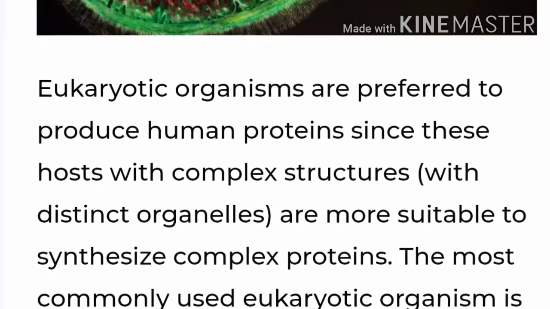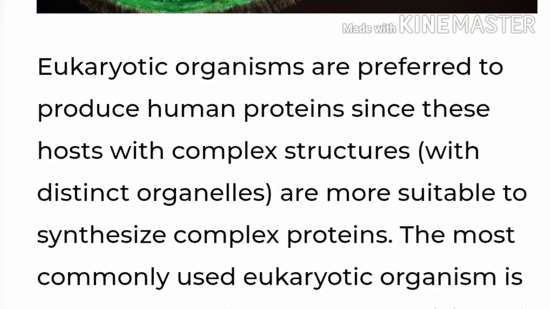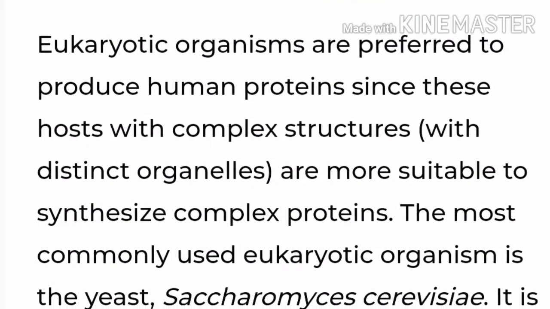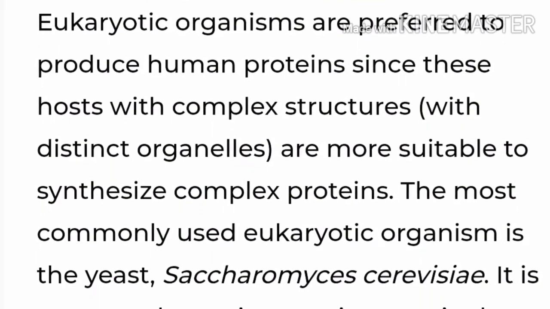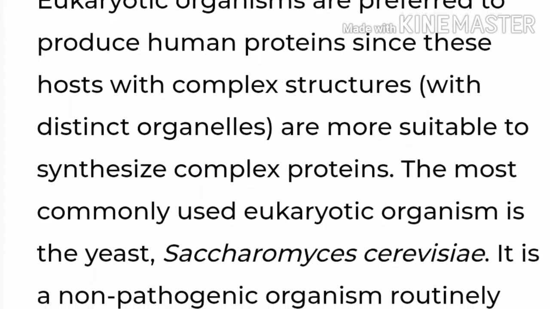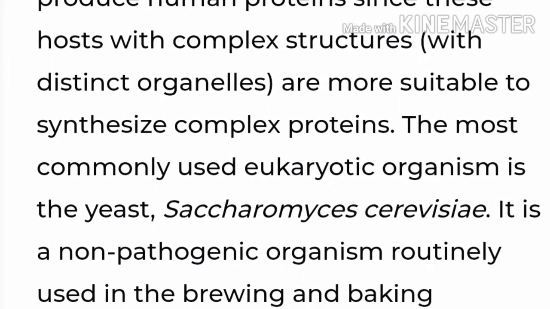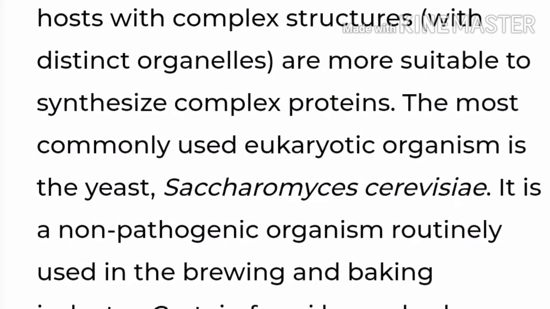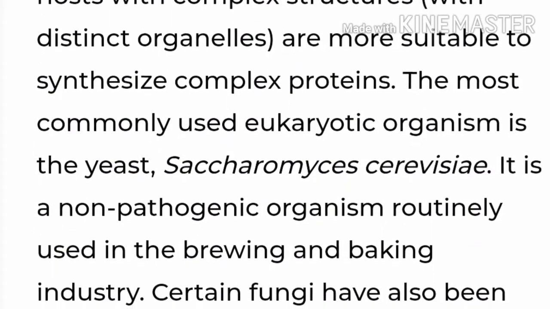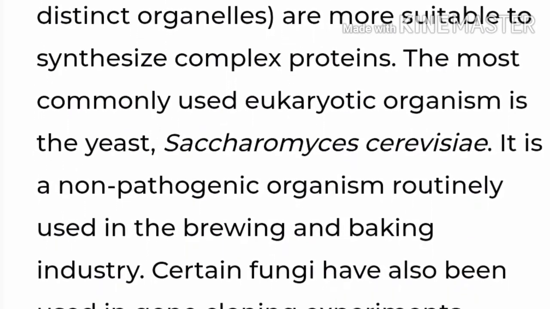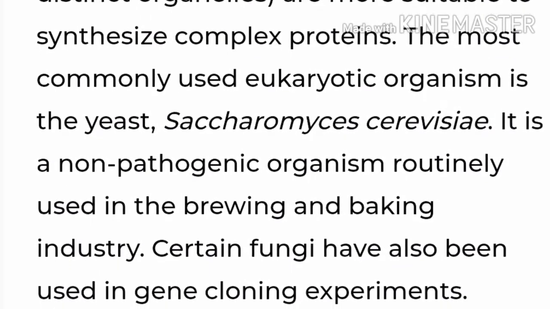The most commonly used eukaryotic organism is the yeast. It is a non-pathogenic organism routinely used in brewing and baking industries. Certain fungi have also been used in gene cloning experiments.